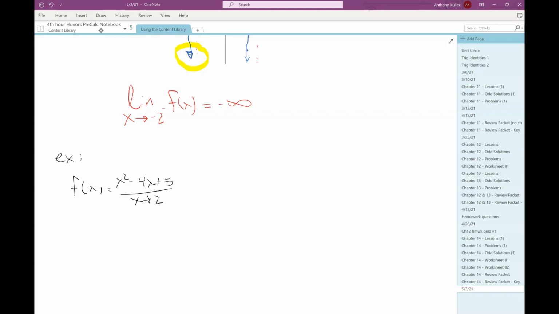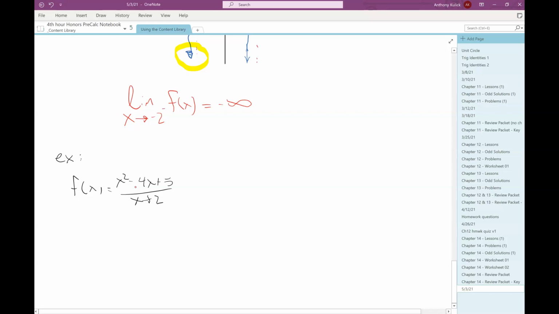So the first thing that I would want to do is see if I can factor this at all, to see if there's any reducing that can happen. The denominator is obviously already factored, right? You can't do anything more with the x plus 2. The numerator, though, maybe that looks like something I could factor.